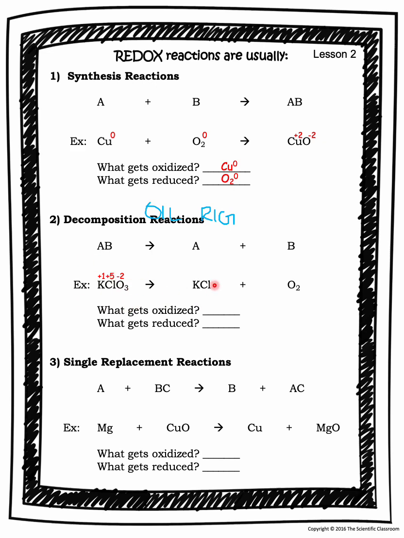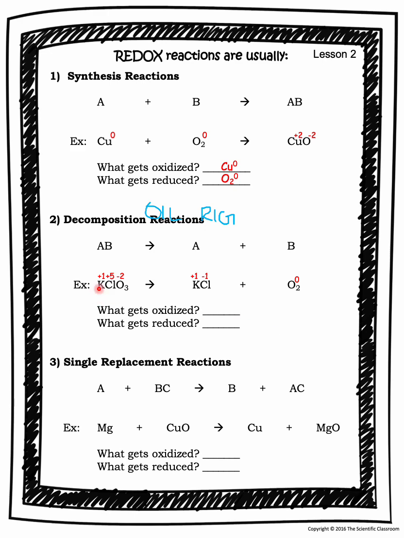Okay, so now we know the oxidation numbers that we started with. After the reaction happens, potassium still has a charge of +1. Chlorine now has a charge of -1 though, so that it can balance out the potassium. And oxygen is chilling over by itself, so it has a neutral charge. Okay, so now we have to say, okay, what got oxidized? What became more positive by losing electrons?